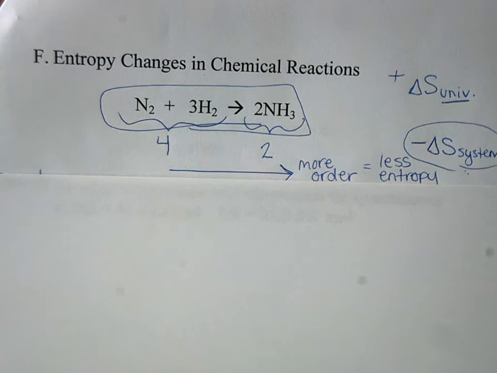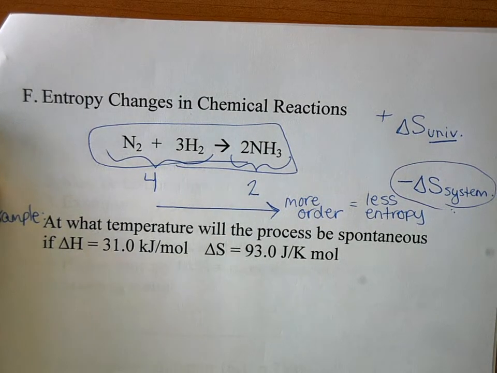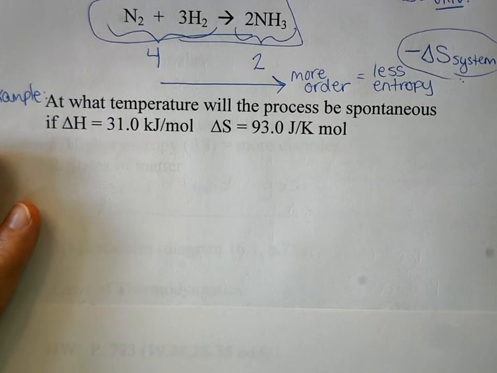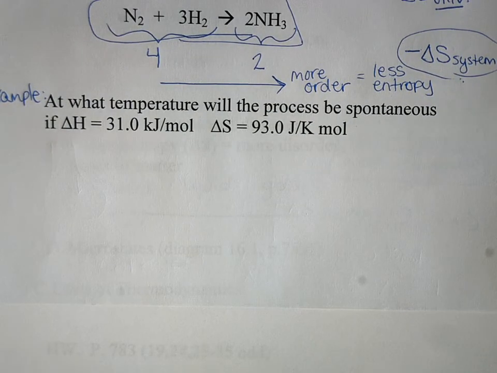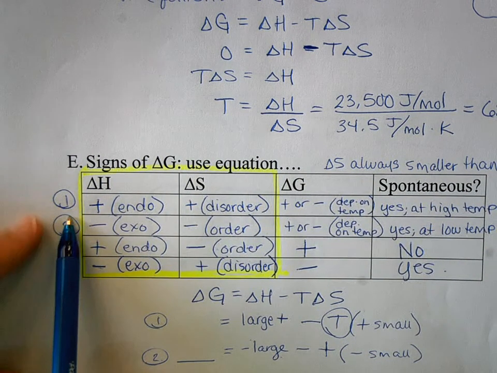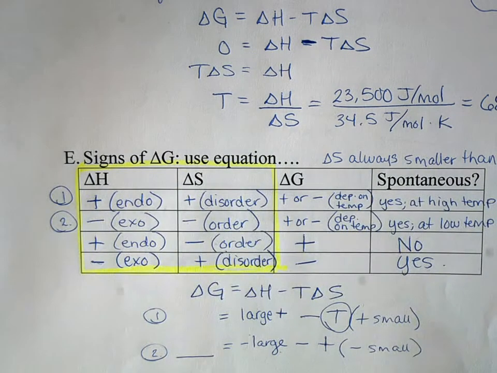Okay, all right, last thing is to figure out those weird ones in the chart, these first 2 up here, when we said it depends on what temperature it is whether it's going to be spontaneous or not. A common question would be, at what temperatures would it be spontaneous and at what temperatures would it not be spontaneous?